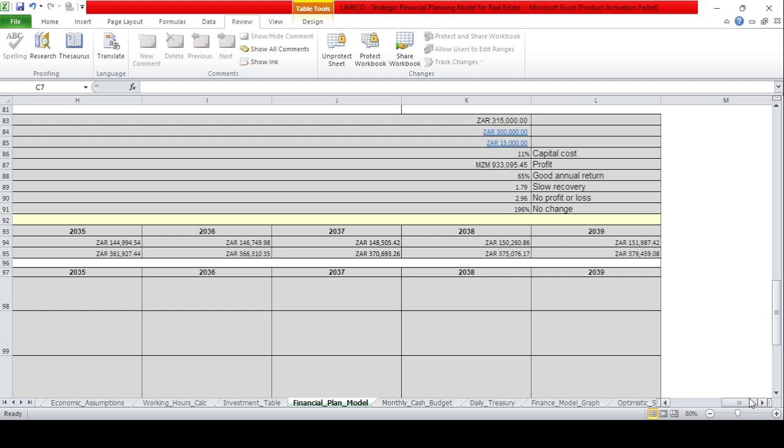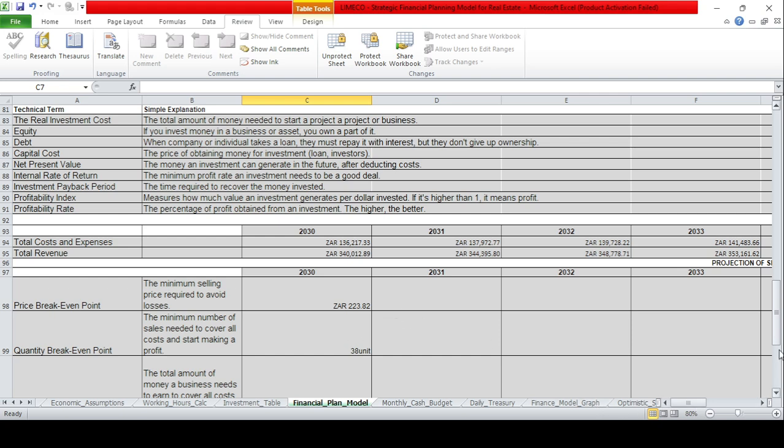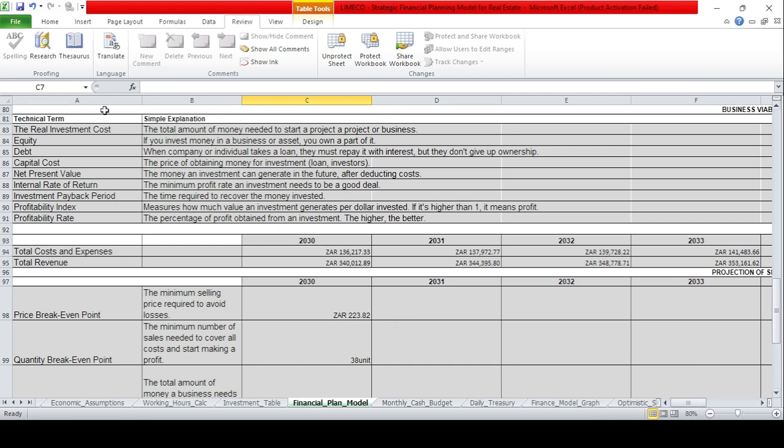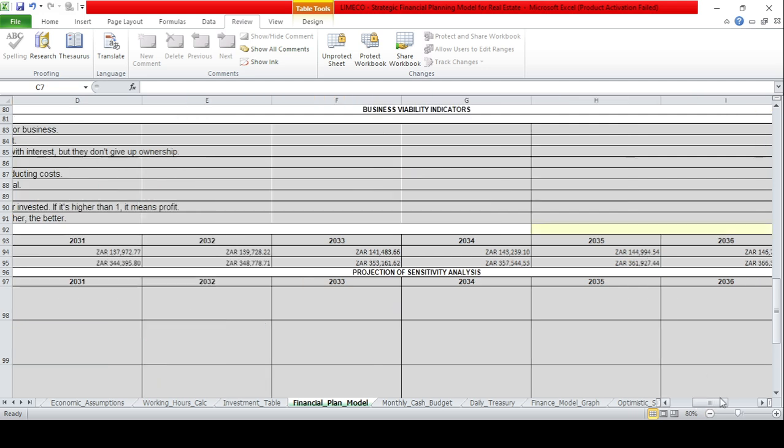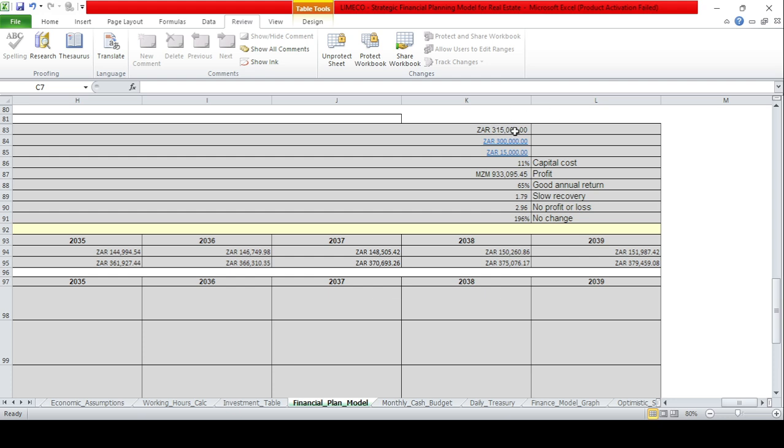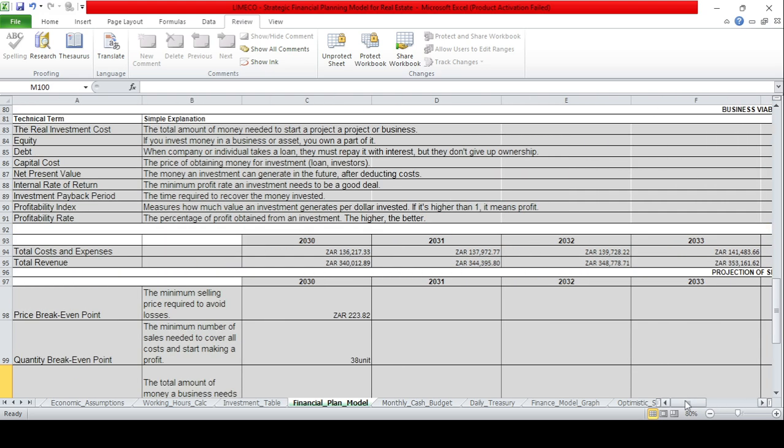Okay, we must build with it, which means total real investment cost must be this 315,000 rands. So it will be viable, and we must have at least 38 units.